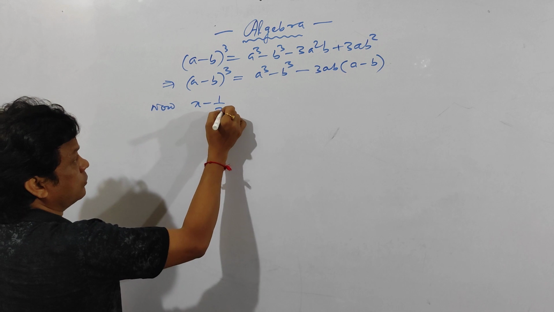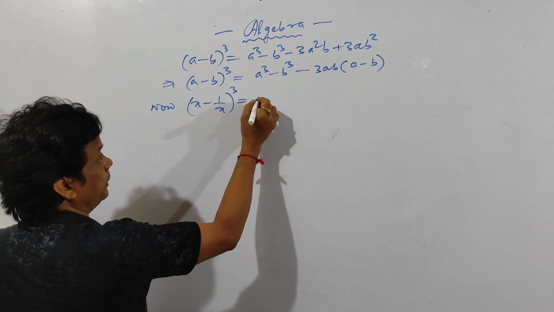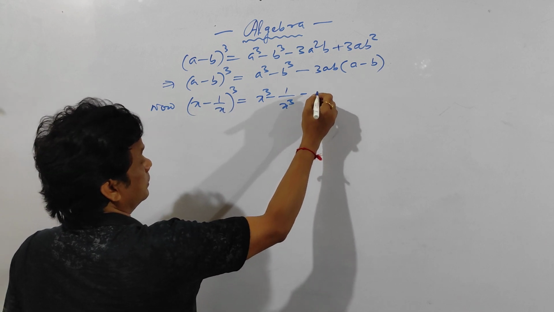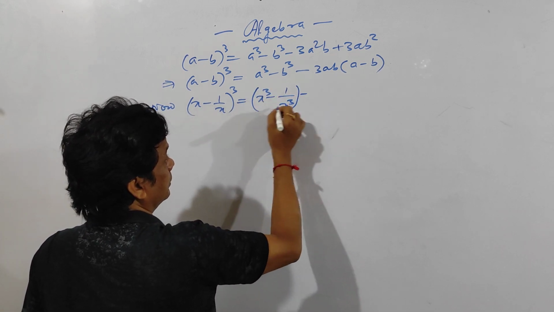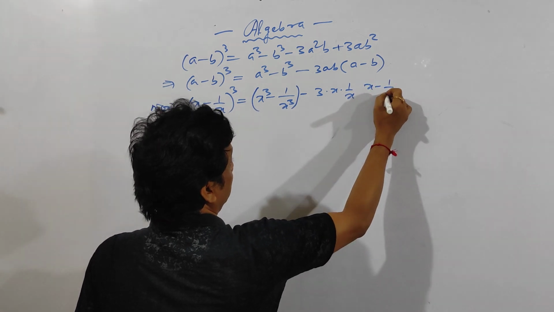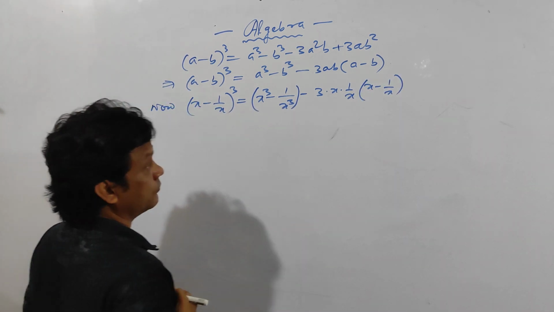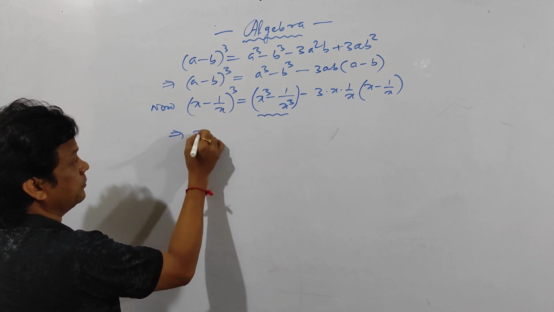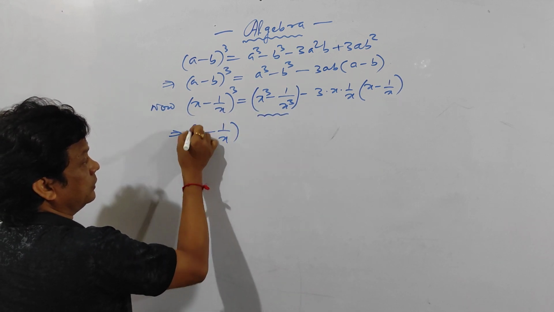So now x minus 1 by x whole cube, it will be x cube minus 1 by x cube minus 3 into x into 1 by x into x minus 1 by x. Clear? So what is the value of this one? First of all, let us simplify this one.